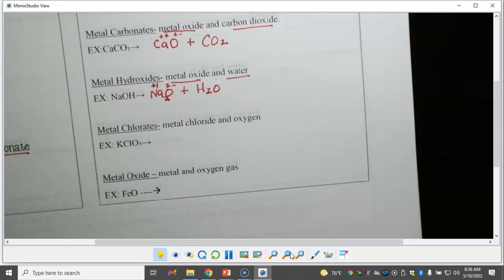Insoluble, put a little S. And on the top of this, write double replacement reaction. You're only going to use this for double replacement reactions. This is how we read this.